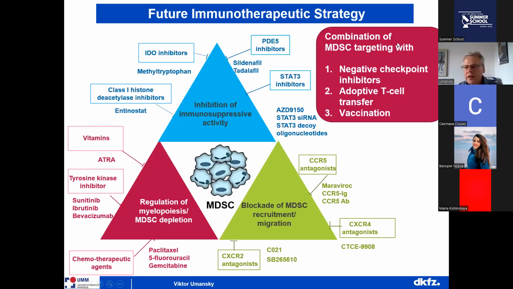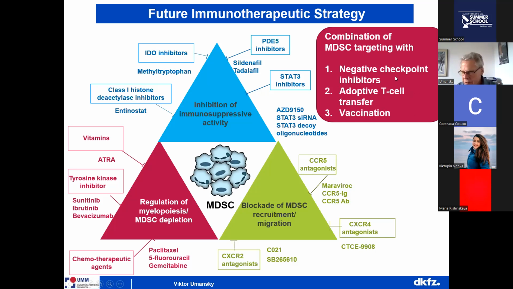And this targeting of MDSC should be done in combination. Now it's obvious, with negative checkpoint inhibitors or immune checkpoint inhibitors, like, for example, anti-PD-1 antibodies like nivolumab. We can also combine this with adoptive transfer of T cells.